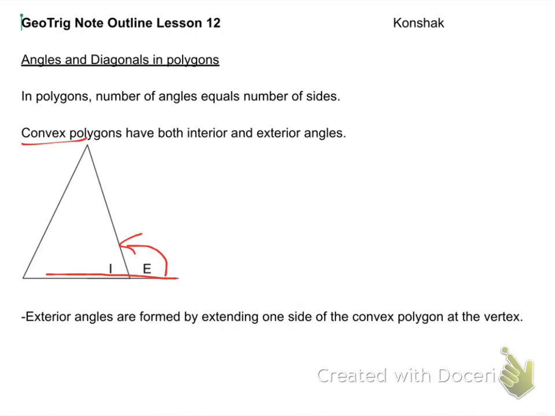So if I started my walk, let's back up. If I start my walk at this vertice right here, guys, and let's say this is my pool, okay? I have a very triangular pool. If I walk from here to this vertice and I want to walk around my pool, wouldn't I have to turn like this angle of E is facing?